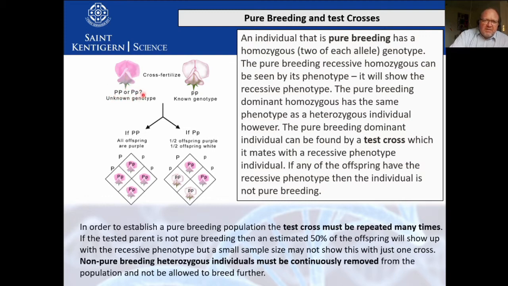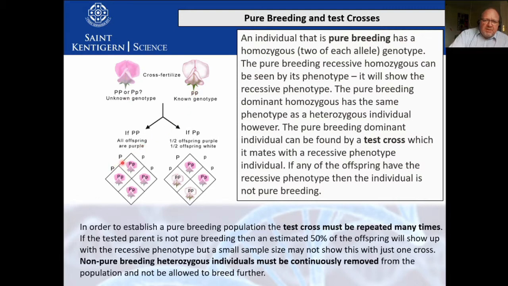How do we know if this purple plant is a purebred organism? Well, we cross it with a known recessive. So if we take a purple plant that can either be big P, big P, or big P, little p, and we cross it with a known recessive that is going to be homozygous recessive, I can only give a little p.